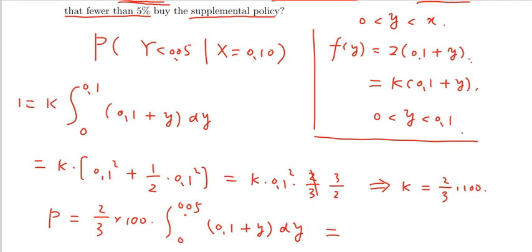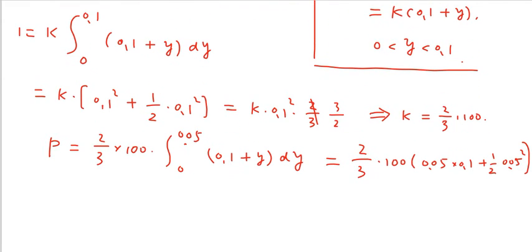So now we can just do some calculation: 0.1 multiplied by 0.005, plus half of 0.005 squared. Then simplify and calculate.